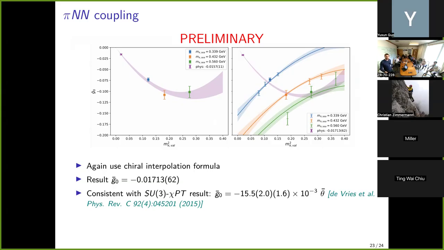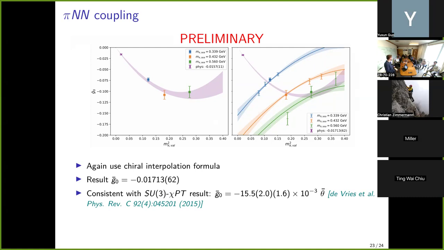And this is the value that we get. We have the same plots as before for the EDM for neutron and proton. This is the value we get, also very, very precise. And it's also consistent with the SU3 Chi-PT value by Andres and collaborators that I've shown you before.